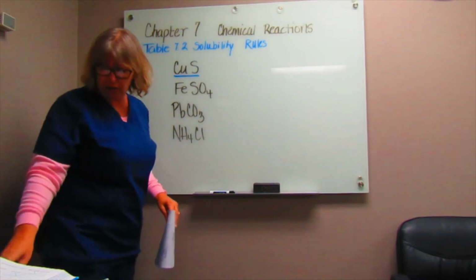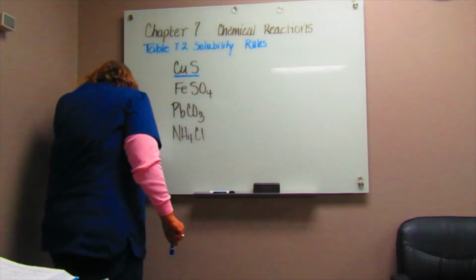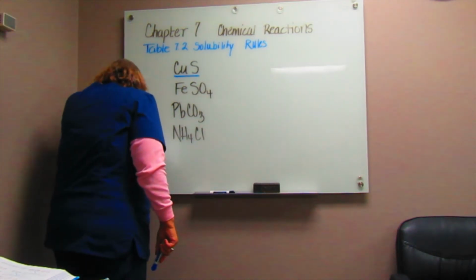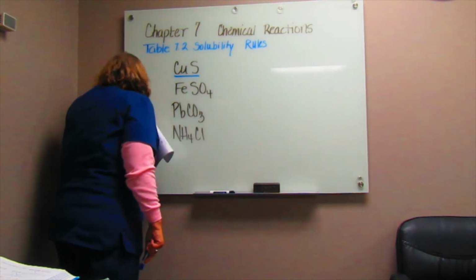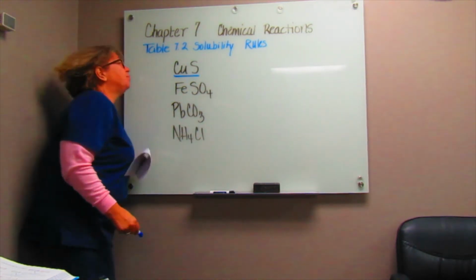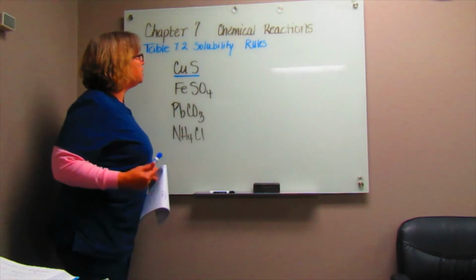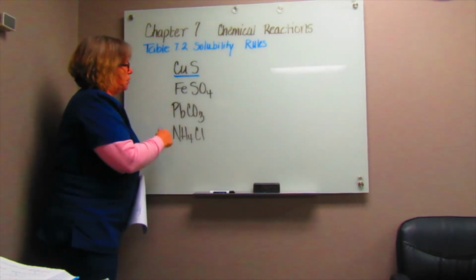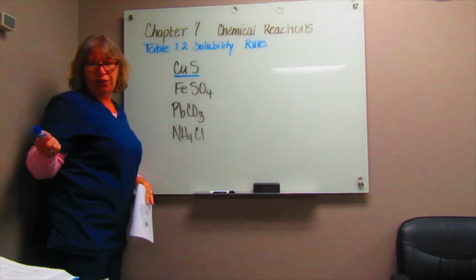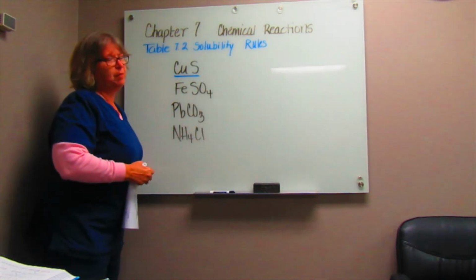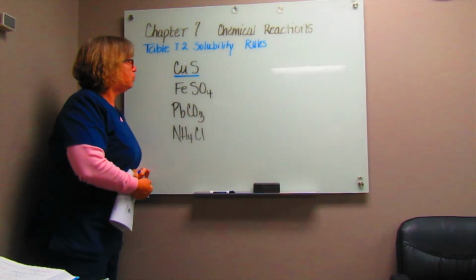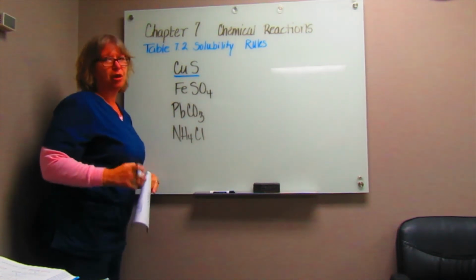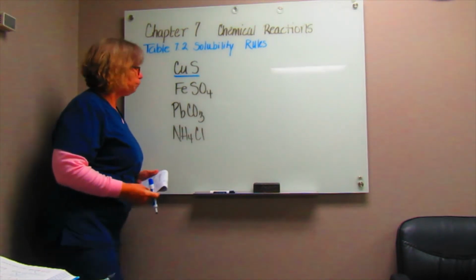So what I wanted to do is put a few substances up here, and if you could look along with me on your solubility table, we can determine if these substances are soluble or insoluble, right?